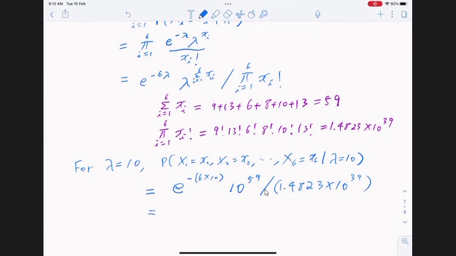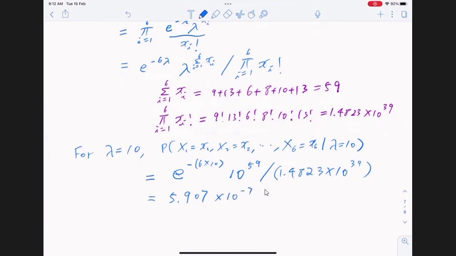And use your scientific calculator again. It will be equal to 5.907 multiplied by 10 raised to the power minus 7. So this is the first answer to this question, to this probability.